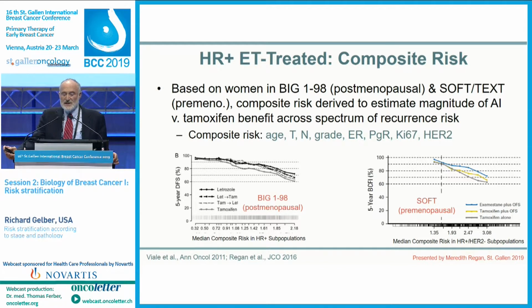For SOFT and TEXT, we're looking at the highest risk cohort of patients who received chemotherapy, and you can see the exemestane plus OFS is at the top and the tamoxifen alone at the bottom. For the highest risk cohorts, these range from 60% to 75% for SOFT and TEXT.